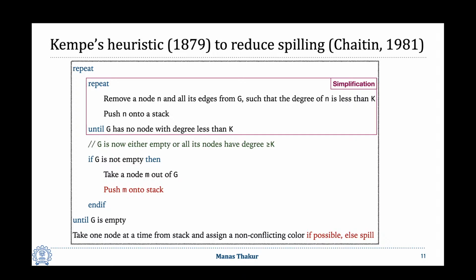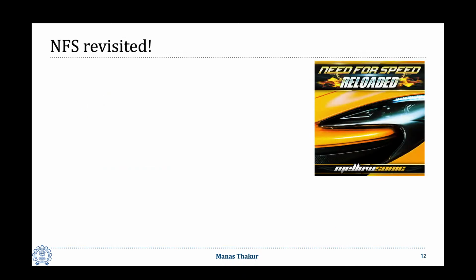This node may interfere with k or more than k neighbors, but the other nodes may interfere with fewer nodes, and hence you may be able to color the graph with fewer colors still if you gave it a second chance, in some sense, right? So that's what came from Kempe's heuristic.